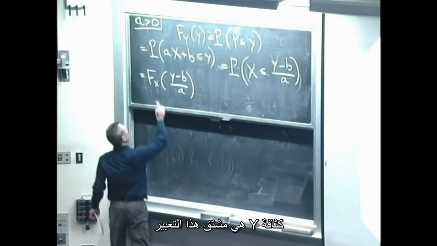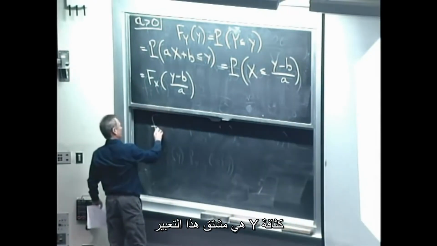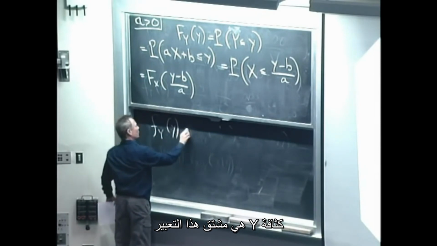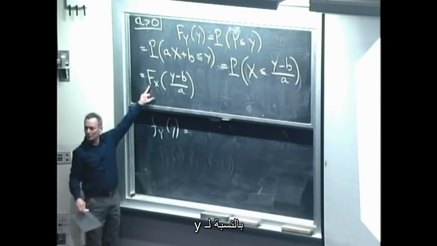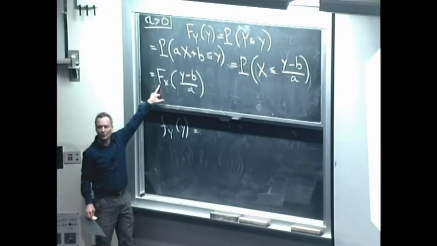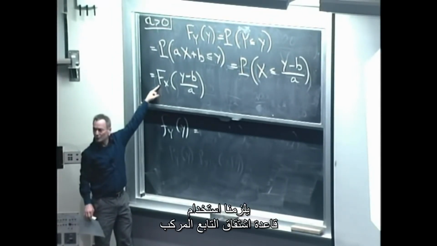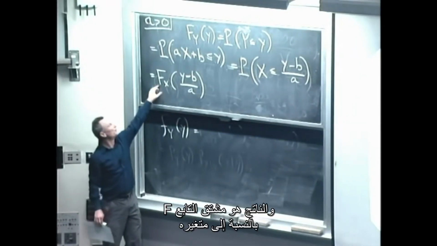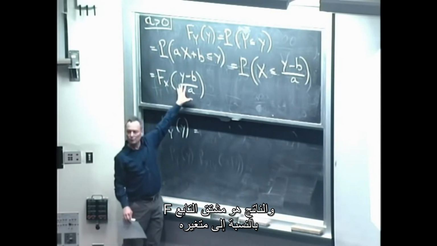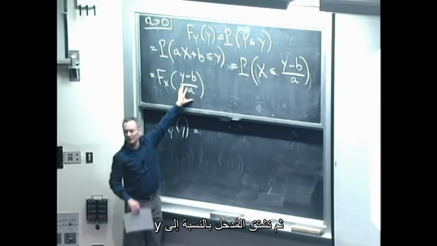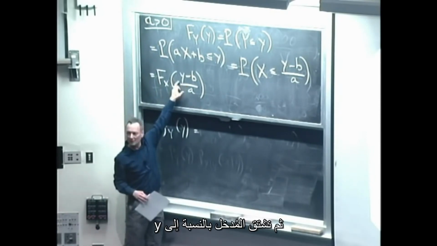So the density of y is going to be the derivative of this expression with respect to y. Okay, so now here we need to use the chain rule. It's going to be the derivative of the capital F function with respect to its argument, and then we need to take the derivative of the argument with respect to y.